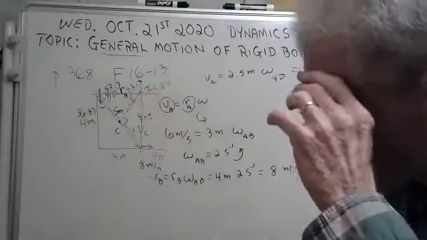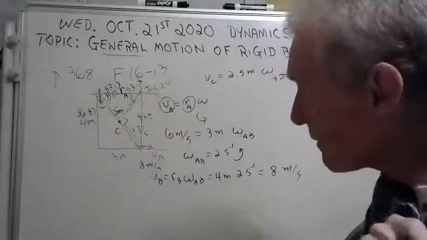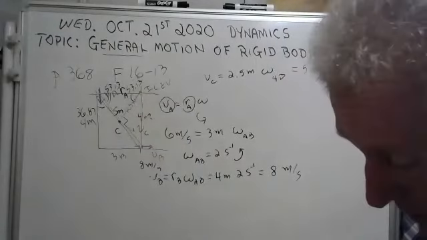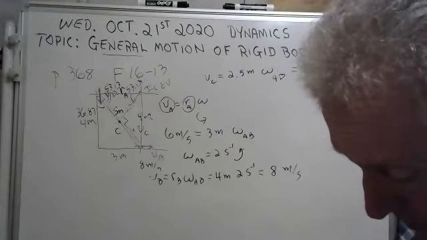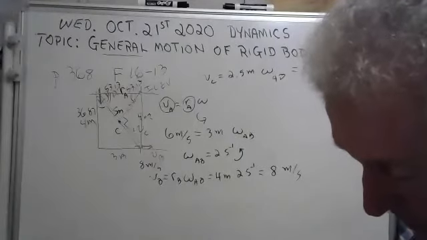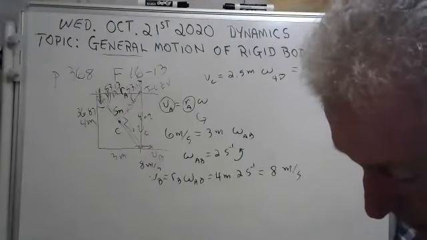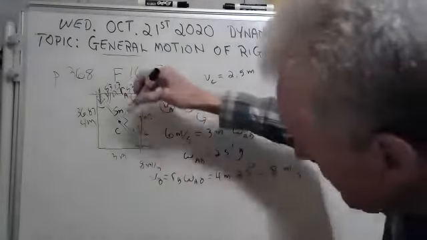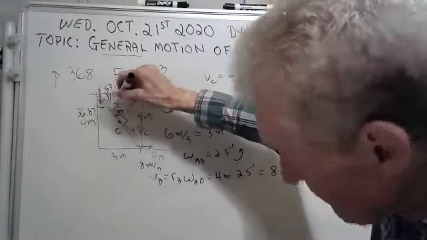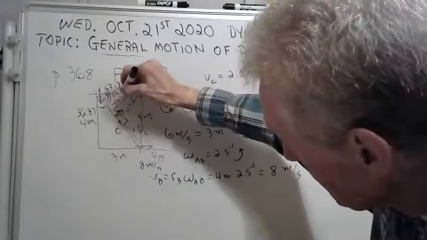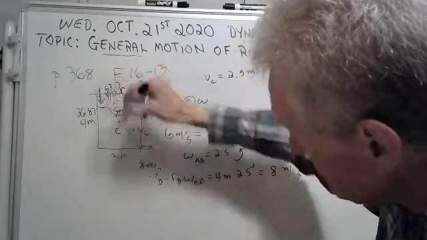And what's left over? 53.13 times 2, 106, and then you subtract from 180. That angle there is 73.74 degrees.